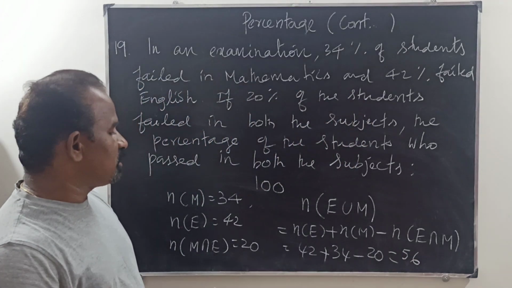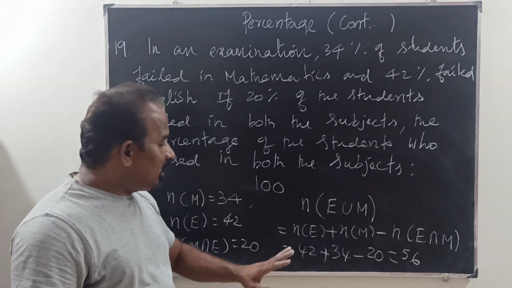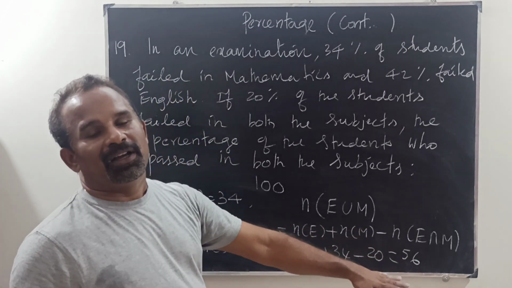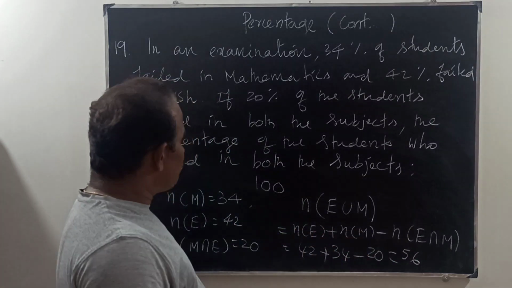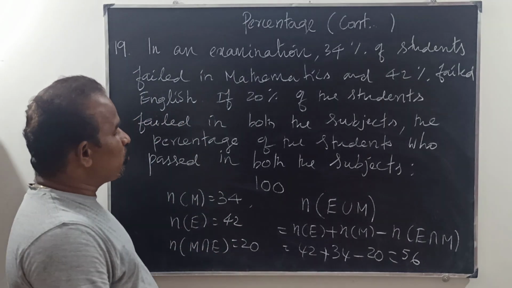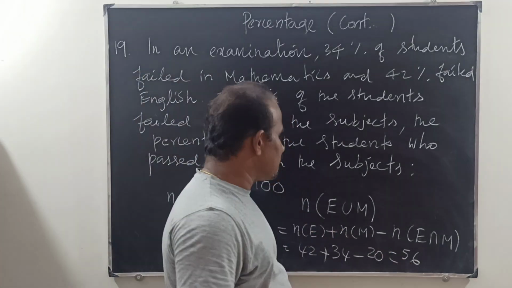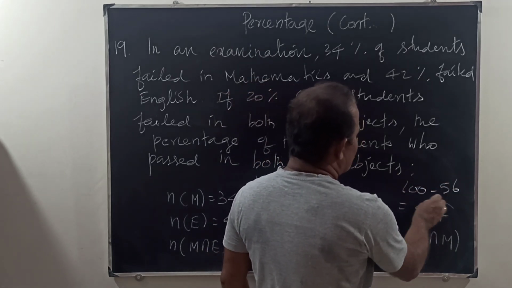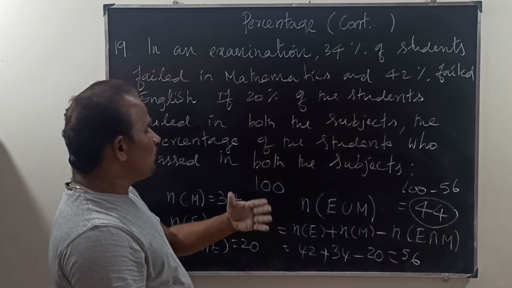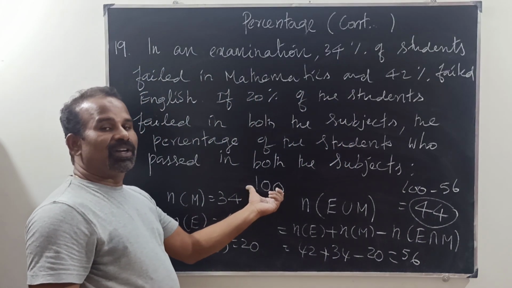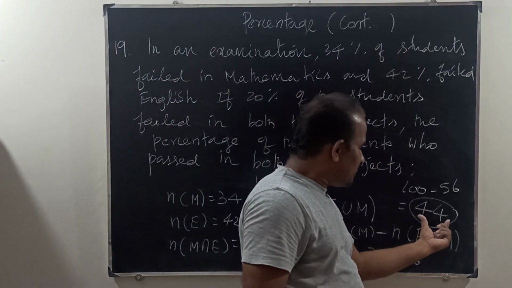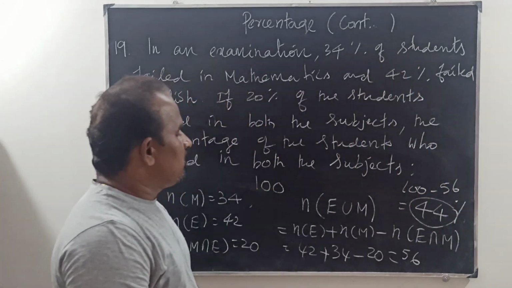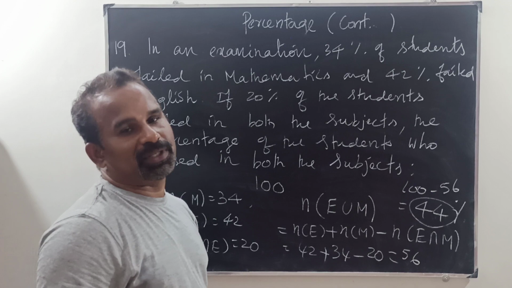So 56 students failed in either of the subjects, M or E. Therefore the number who passed in both subjects is 100 minus 56, which is 44 students out of 100. Therefore the percentage of students who passed is 44 percent.